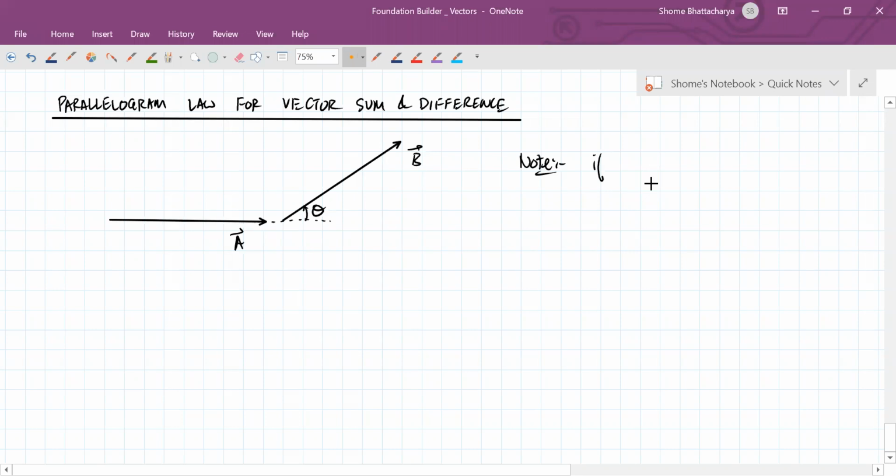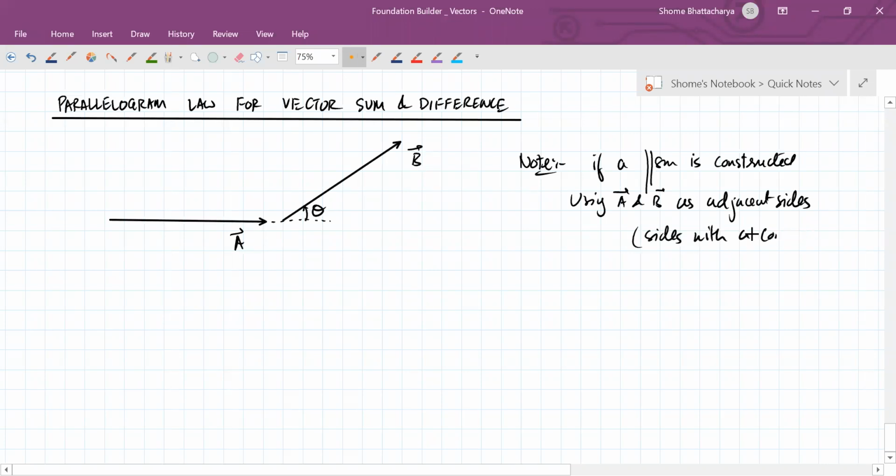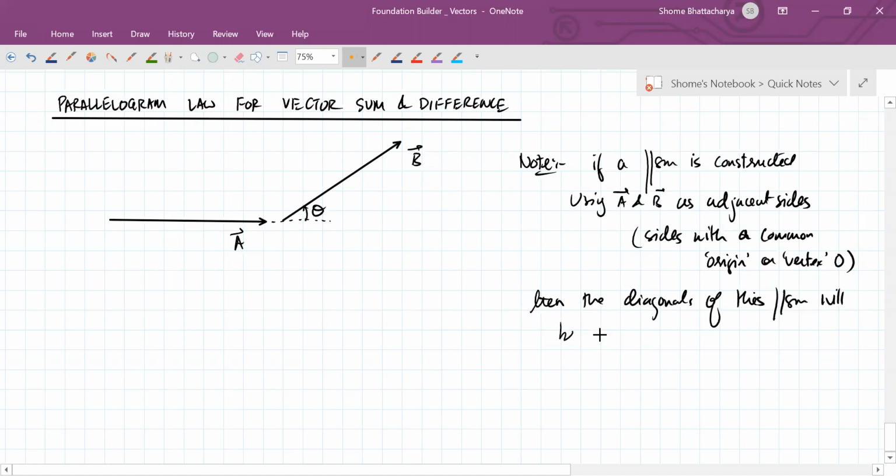If a parallelogram is constructed using the given vectors A and B as adjacent sides, that is, sides with a common origin or drawn from a common vertex, then the diagonals of this parallelogram will be the resultant sum vector and the difference vector. So let's see how that happens.